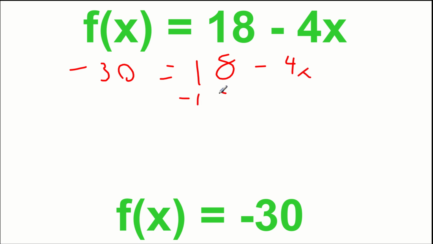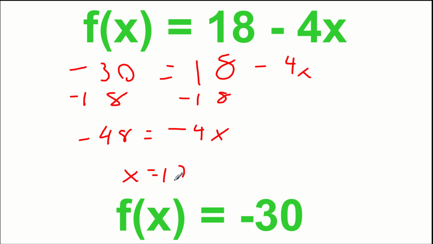So, big thing here, just be careful with the signs. We move the 18, it was a positive 18, so we subtract 18. Signs are the same, so we add, so that's a negative 48. But we got a minus 4x, so that's like we got a negative 4 there. When we divide, negative divided by negative makes that a positive. So that's where the positive 12 is.